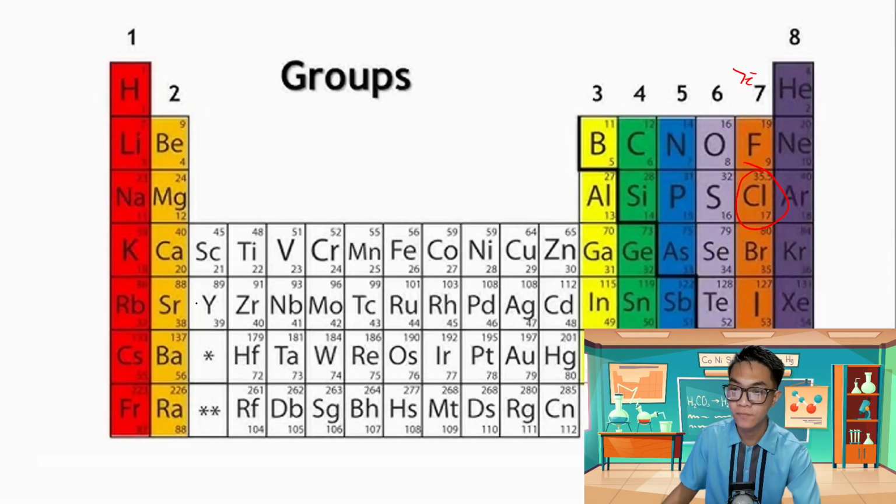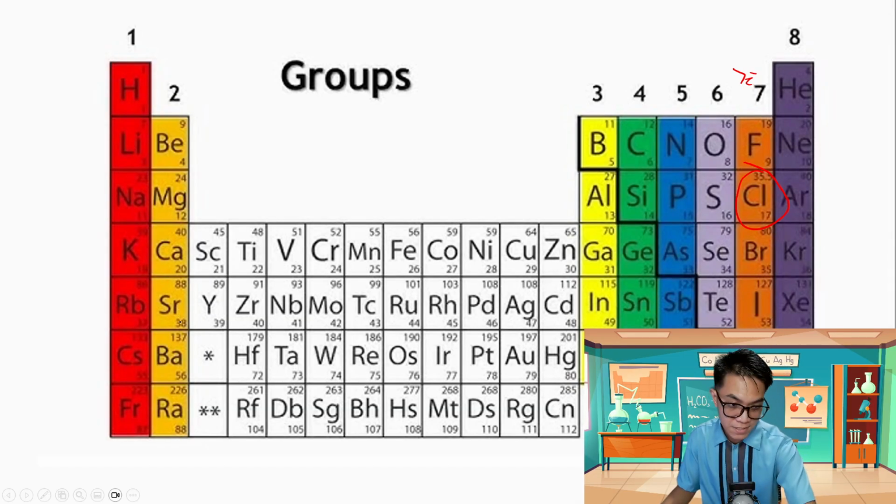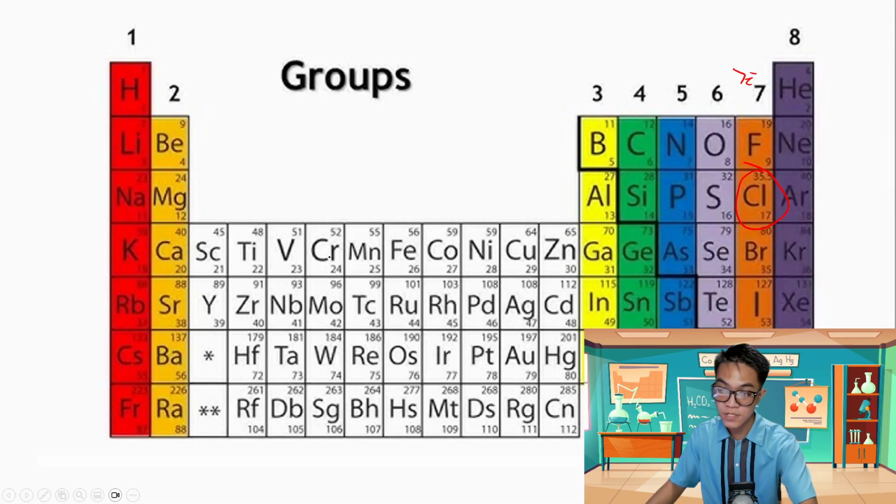Now let me give you another example. Let's try the magnesium atom. Magnesium, the chemical symbol is Mg. But it's in the second group on our periodic table, so we will only write 1. And where's the other one? It would be on the opposite end.